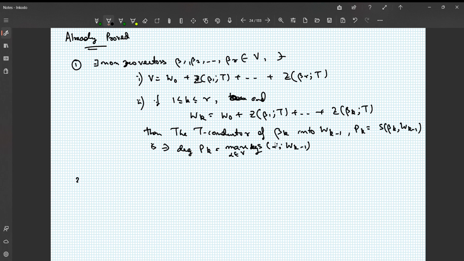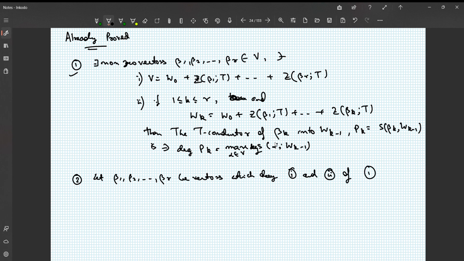Then what we had shown in step 2 was this. Let beta 1, beta 2 till beta r be vectors which obey 1 and 2 of step 1.